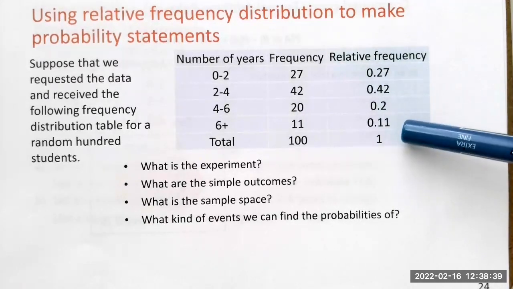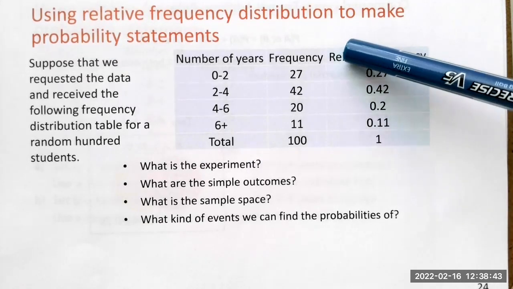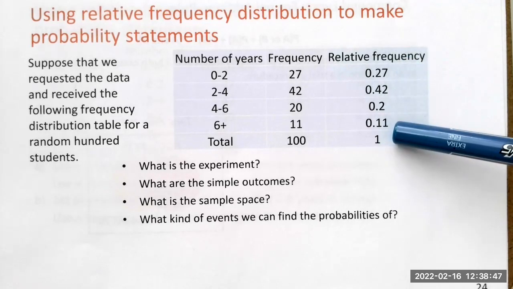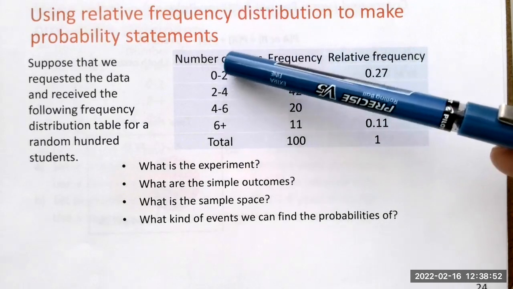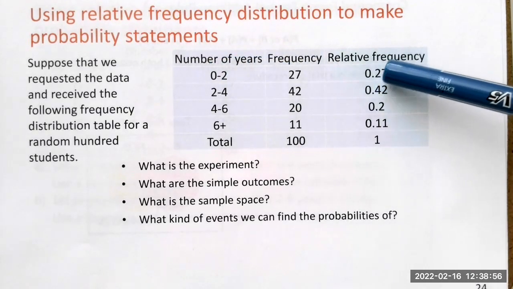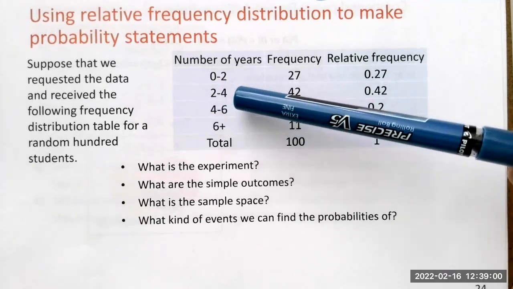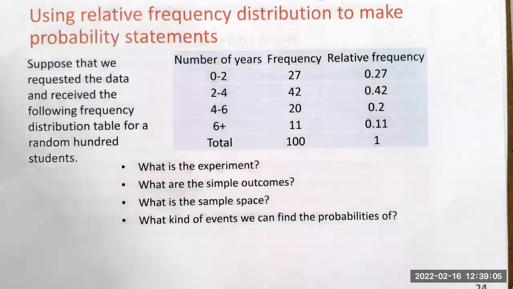So by this time, guys, you probably know that we could use a relative frequency as a probability, right? So the probability that the student will spend between 0 and 2 years in college is 0.27, and the probability of 2 to 4 years in college is 0.42. So let's label those events.